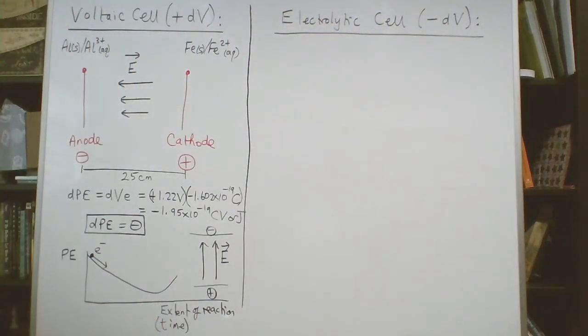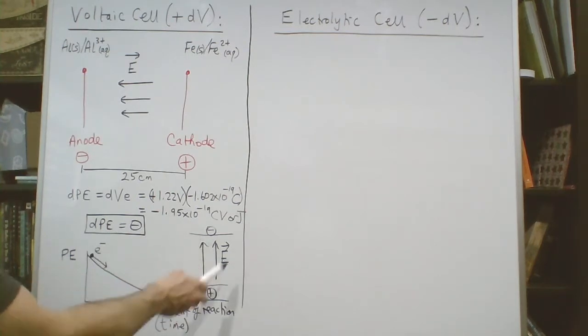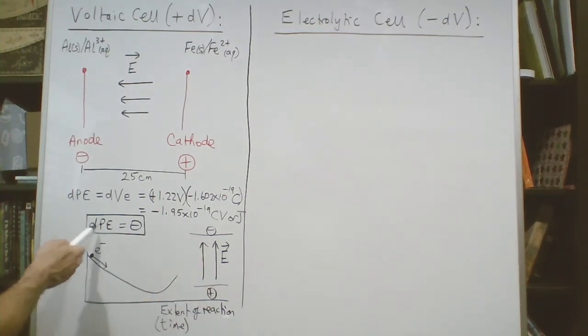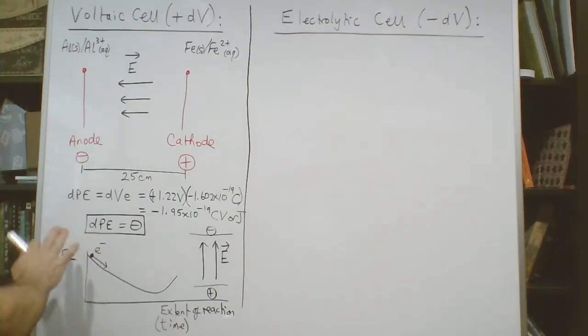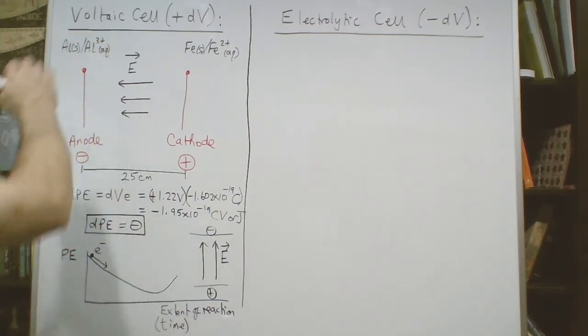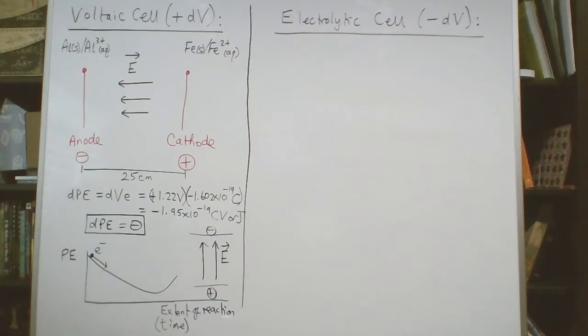So we can clearly see that when the electron, the negatively charged particle, moves in the opposite direction to the electric field, we have a negative change in potential energy, and this is favored without any extraneous forces, and this is why the voltaic cell generates a positive voltage of its own accord.